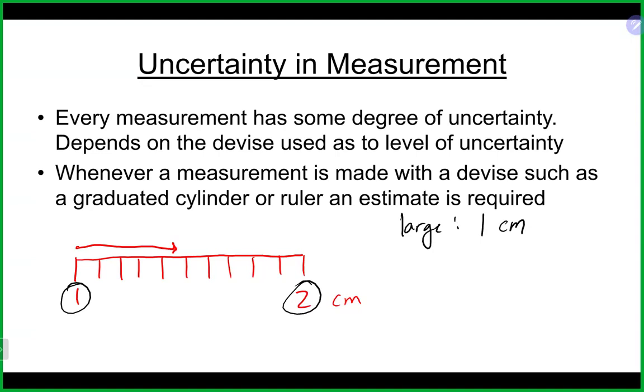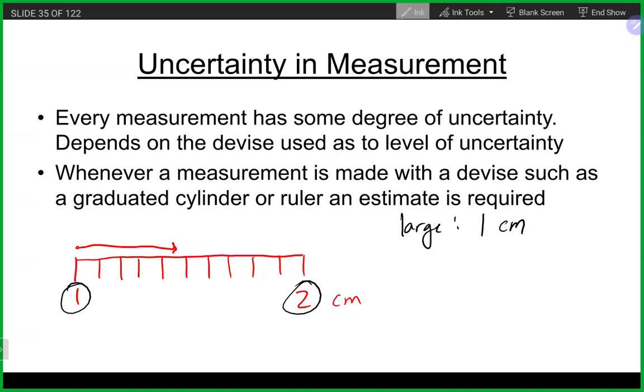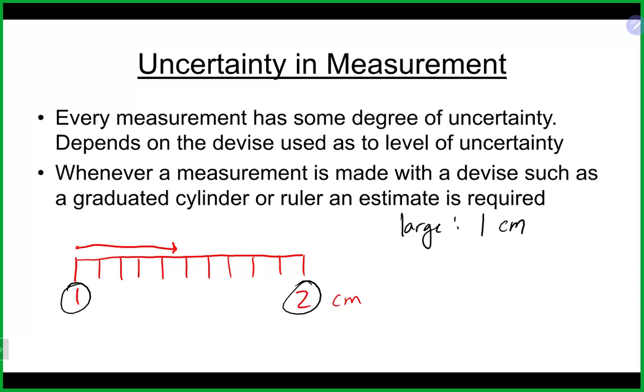The ones that really don't have numbers next to them in most cases. And you want to count how many you have. When we count the smaller markings, we should always start counting past the last big marking. So in this case, 1 is the last big marking, and we want to start counting 1, 2, 3, 4, 5, 6, 7, 8, 9, and 10.